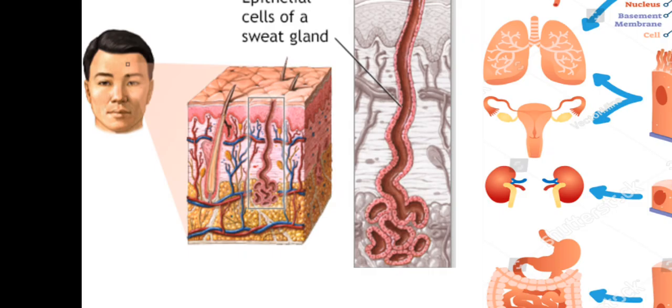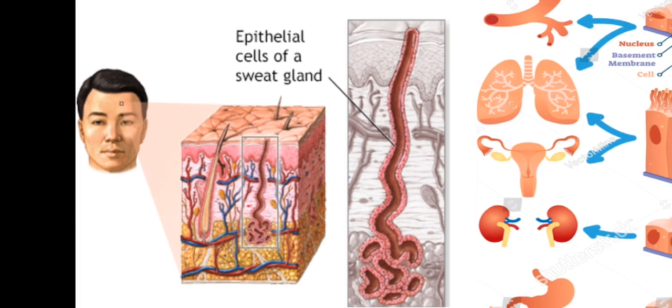For example, the sweat glands in which sweat is being produced. Sweat is produced in this particular integumentary system, and it's coming out on top there. So that's a sweat gland. For example, it can be a merocrine gland, it can be an apocrine gland, but what you have to know is that that gland is made up of epithelial tissue.